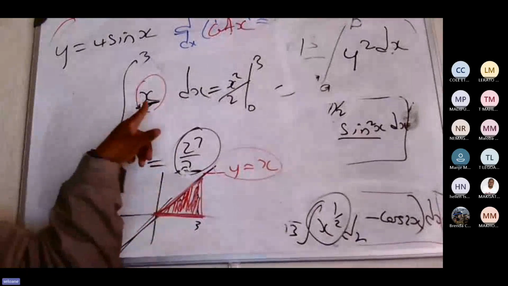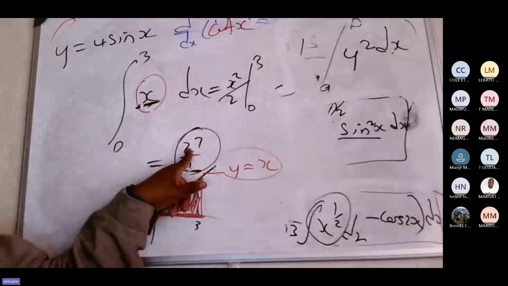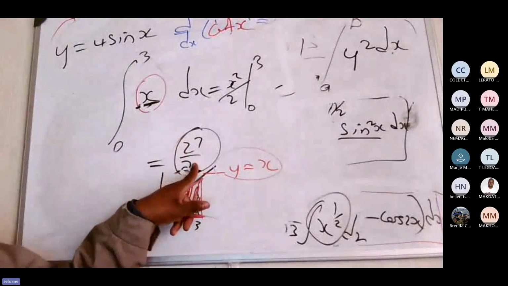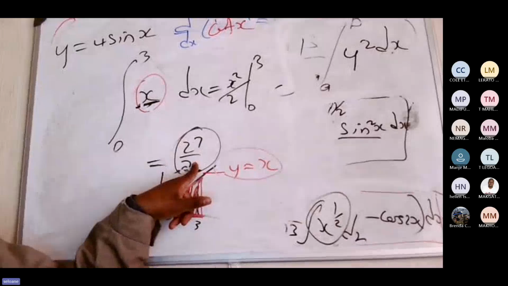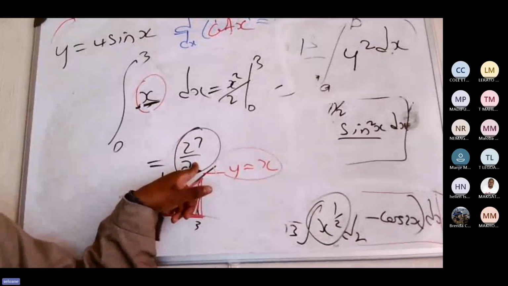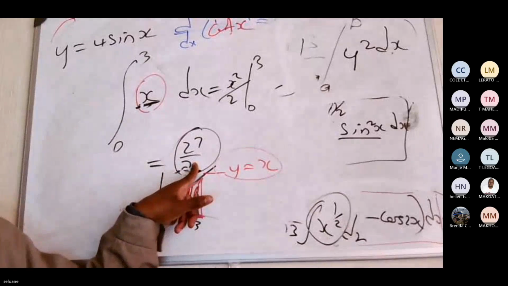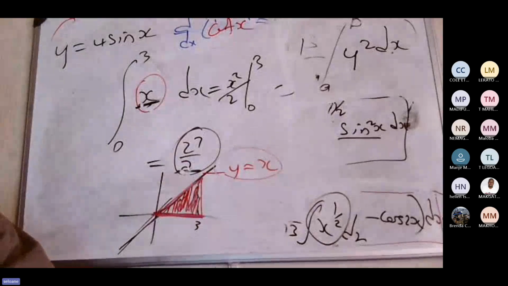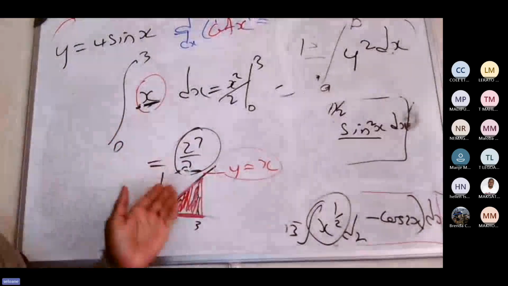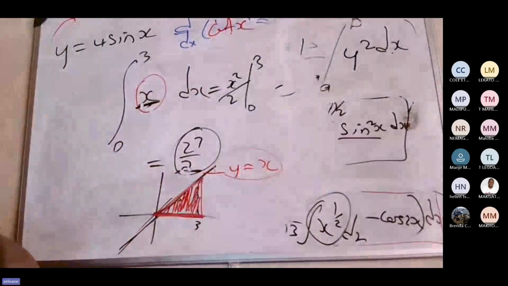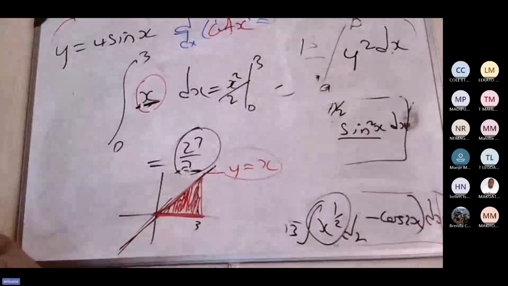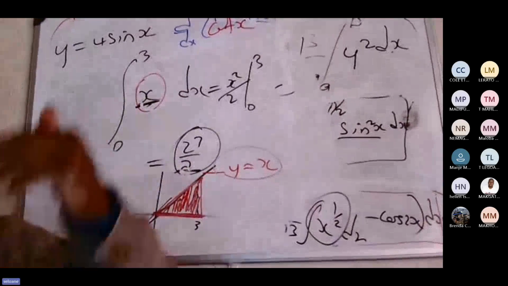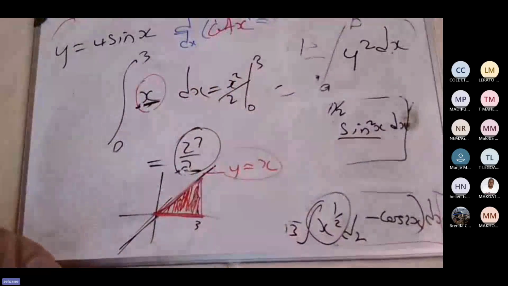Although we cannot integrate it, at least we can approximate the area enclosed by that function and the x-axis in a certain interval using those methods. There are 3. That is next week's topic, the approximation of the areas.